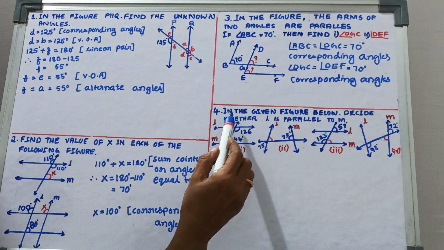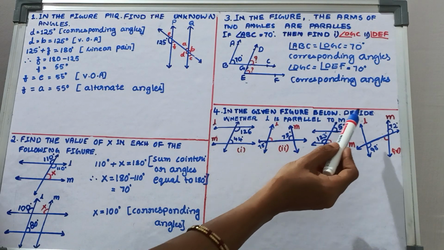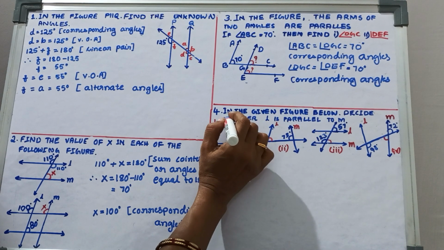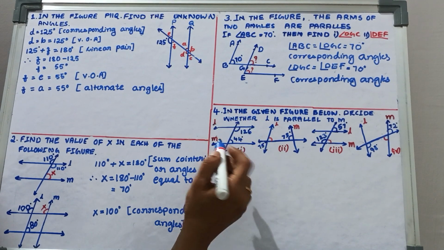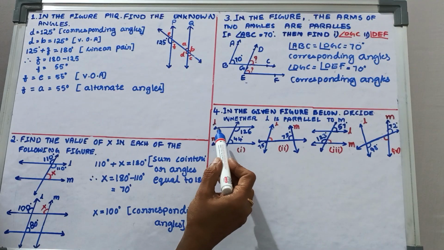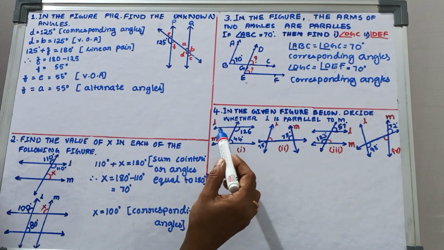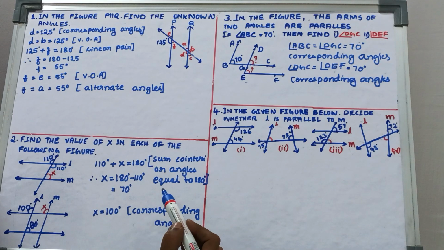Next one, in the given figure below, decide whether L is parallel to M. Here, two straight lines are given, L and M. We have to check whether they are parallel.